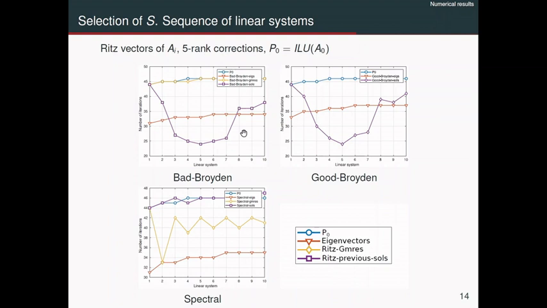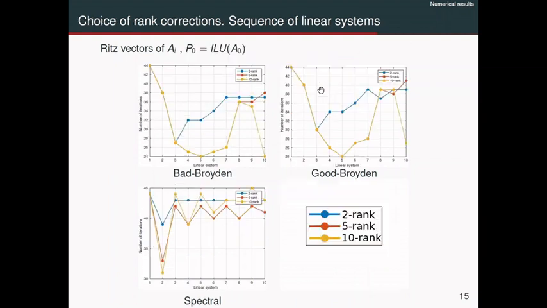It depends on the transient. And in the case of the spectral preconditioner, the optimal is to use the eigenvector, but in this case the solution of the GMRES decomposition is also a good approximation. In all cases, the previous approximations improved the result of not using an update.